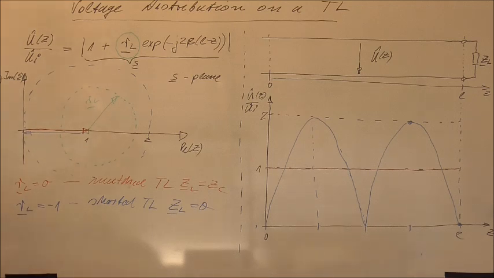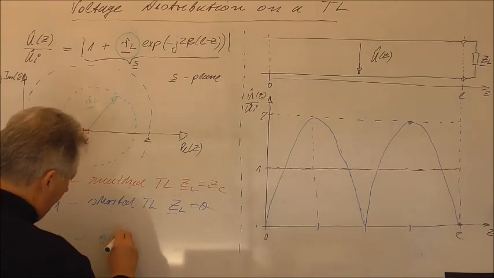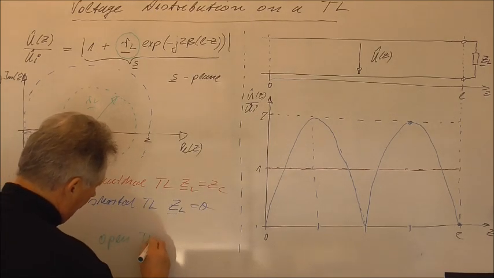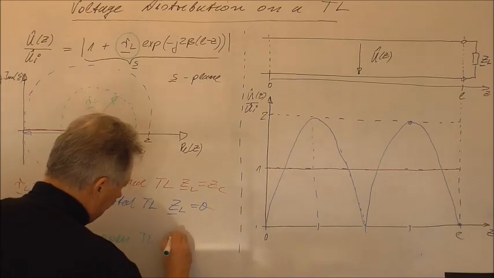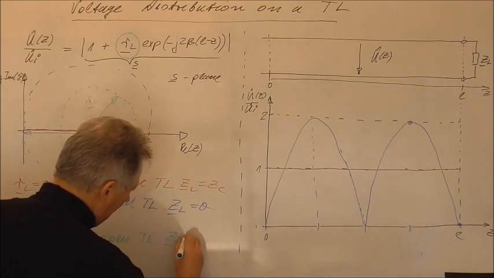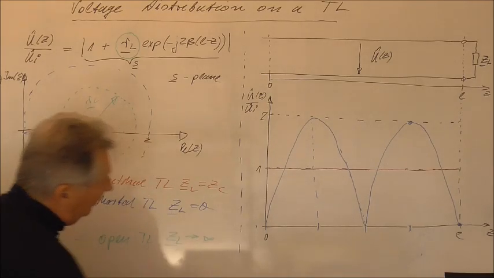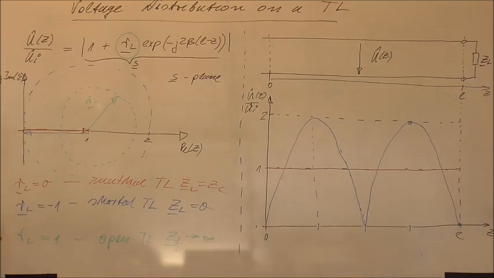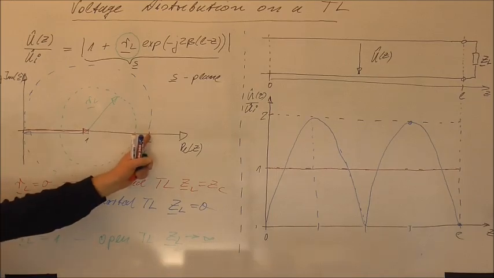And the next I want to discuss with you is if I have RL equal to 1, then we have an open TL, which corresponds to ZL tending to infinity. Of course, if we have RL equal to 1, we start at 2.